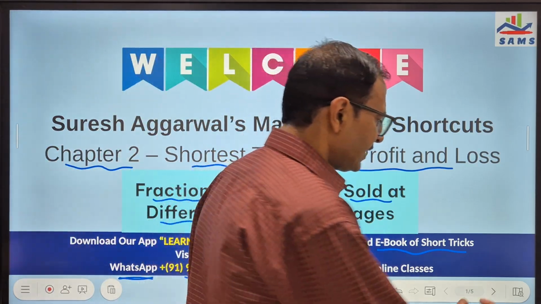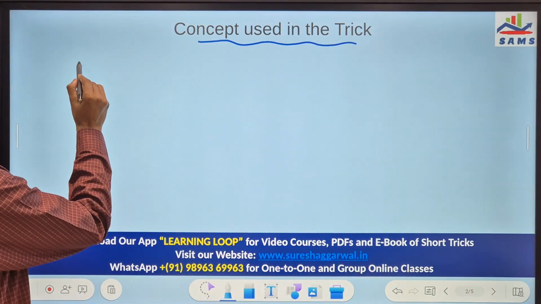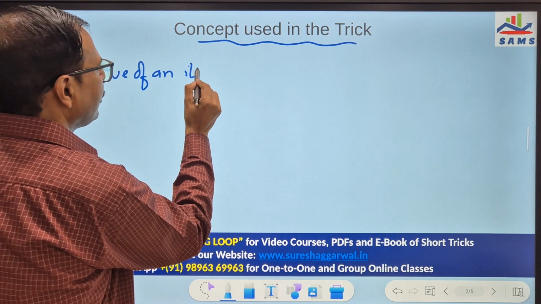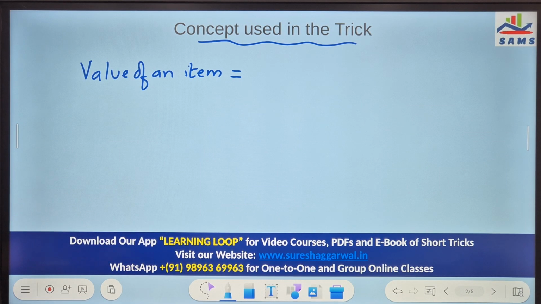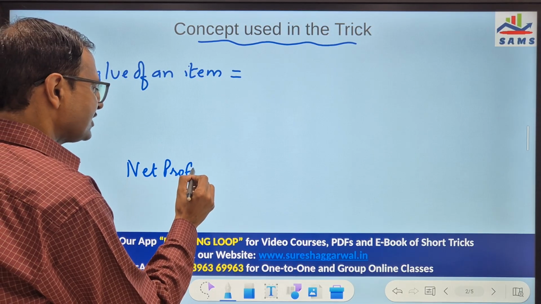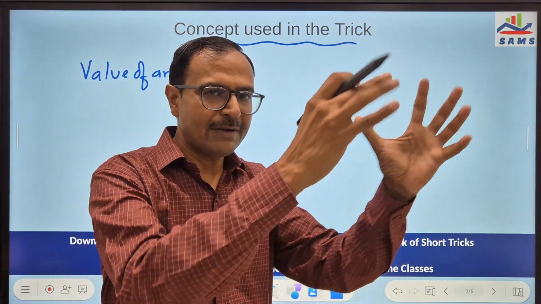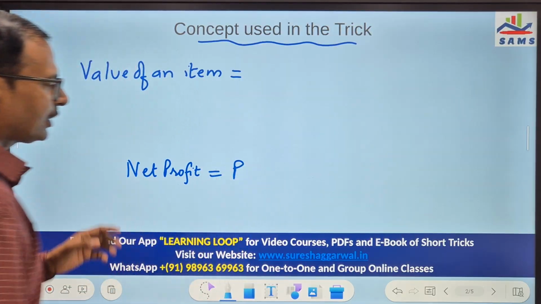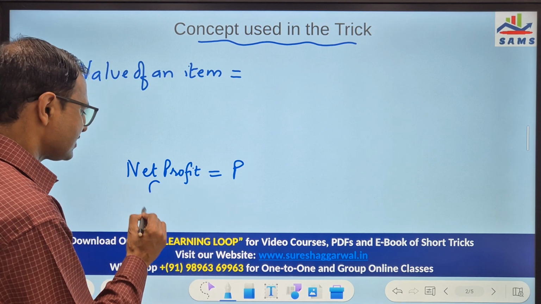So friends, let's understand the concept used in the trick first. We want to find the value of an item. For understanding the short trick, I will first assume that the net profit given to us, considering all the fractions of that item sold at different profits, is the total profit P. That total profit will be given in the question, and then we have some fractions.